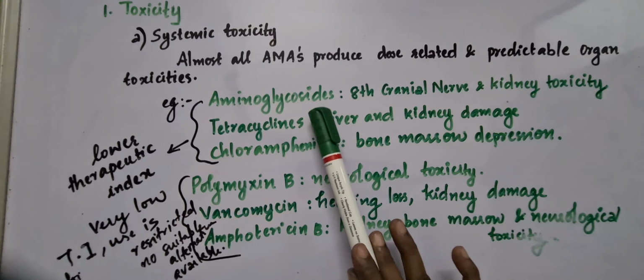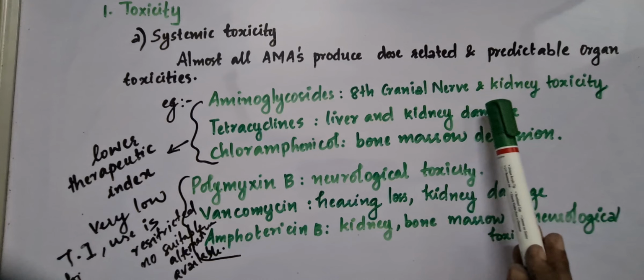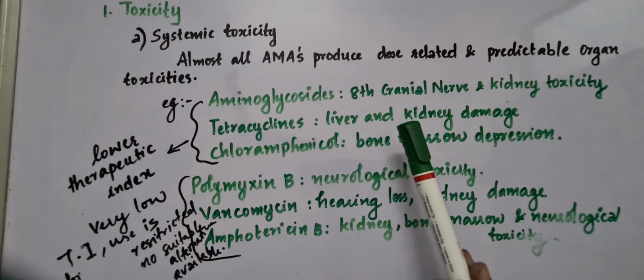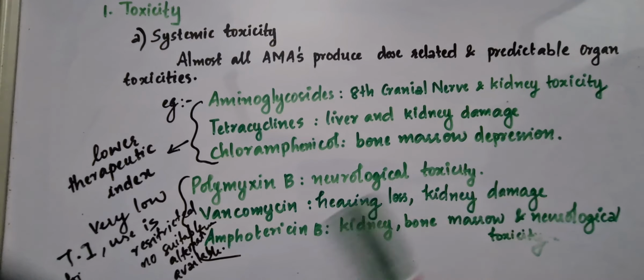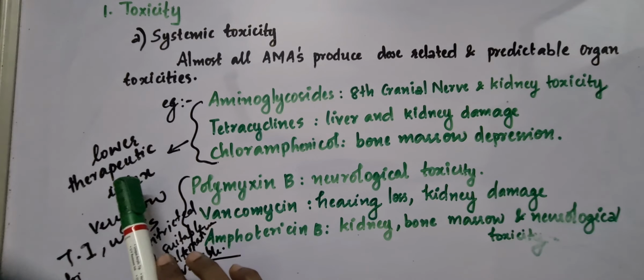Example, aminoglycosides cause 8th cranial nerve and kidney toxicity. Tetracyclines cause liver and kidney damage. Chloramphenicol causes bone marrow depression. And all these drugs have a lower therapeutic index.